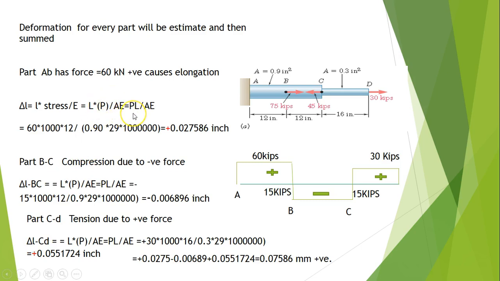So we get an expression that the deformation is equal to PL over AE. The force is 60 multiplied by 1000, because it is 60 kips, multiplied by the length, which is 12, multiplied by 12, divided by the area, which is 0.9 inch square, multiplied by the modulus of elasticity, which is 29 multiplied by 10 to the power of 6.